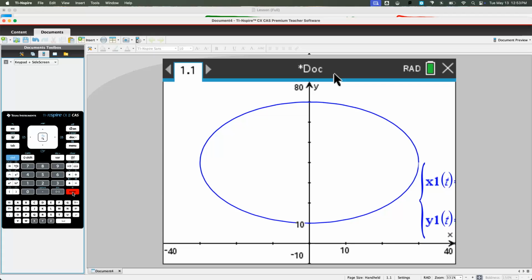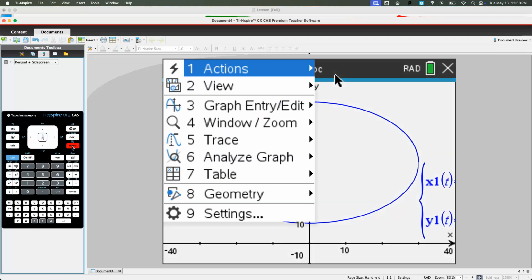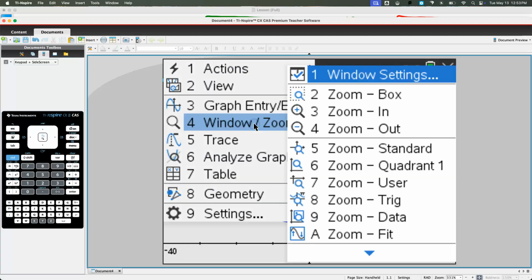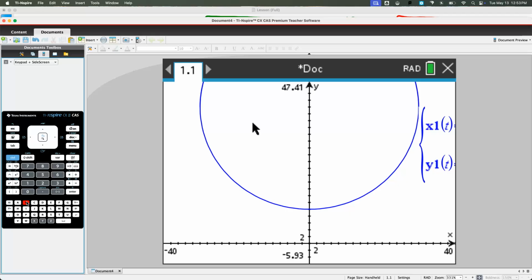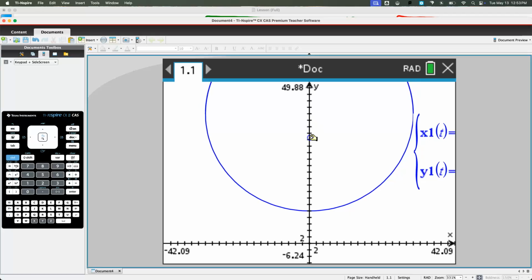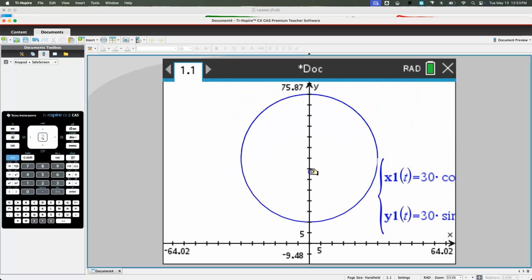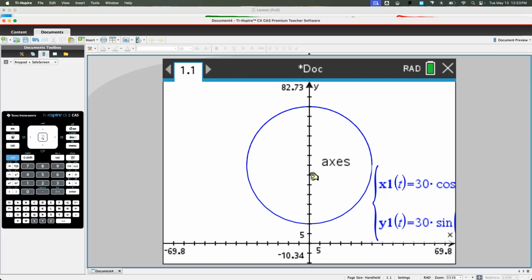So to square that up, we can go menu, window zoom, and then if you scroll down here, it's letter B. You can always just say letter B, and it'll square up your window for you. Now, the downfall with that is that you lose that niceness, but you can grab onto one of the axes and bring that back in. And there you go.